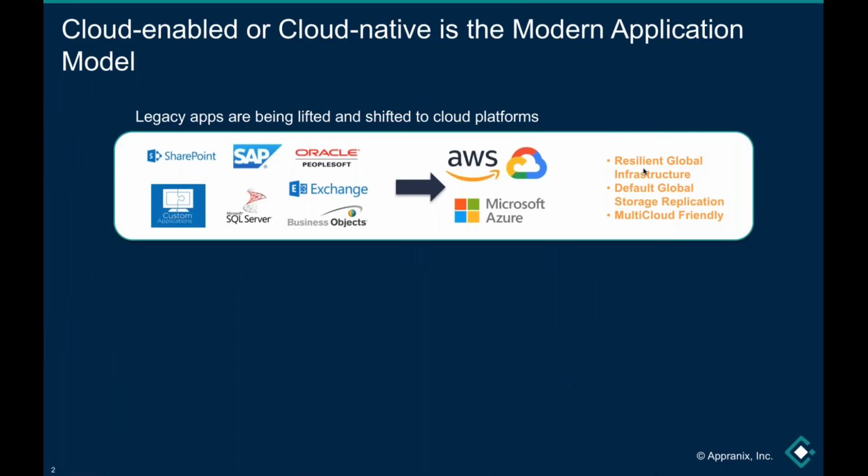We categorize two types of applications. Mainly, the set of applications that have been running on the data center for a while, but are in the process of getting migrated over to the cloud platforms, be it AWS, Google, and Microsoft. By the way, we are not at all going to talk about what we are calling cloud application resiliency in terms of some kind of private cloud infrastructure.